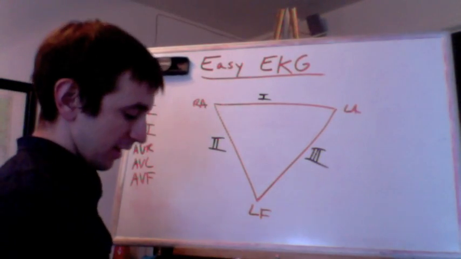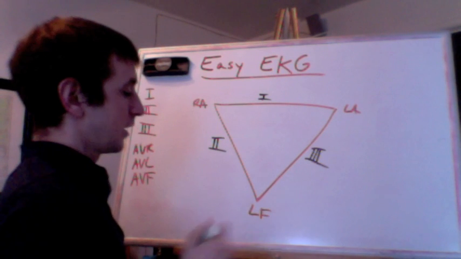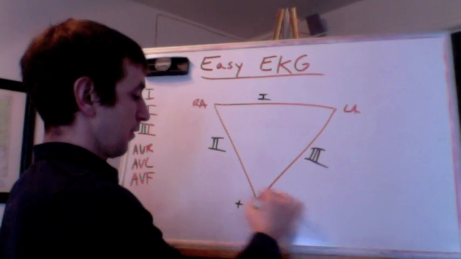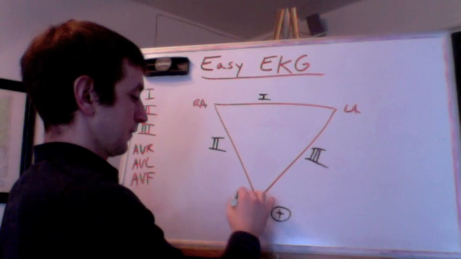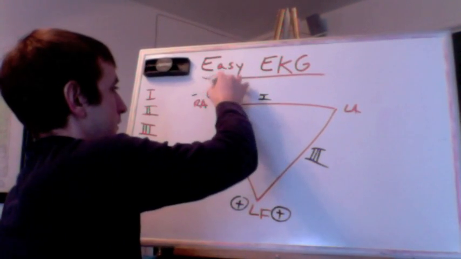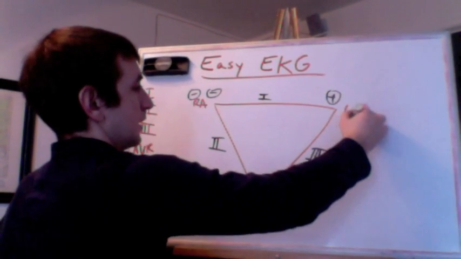Okay, but now you might think, well, where do I need to put positive and negatives into this situation? So the way you look at this here is the foot, the left foot, has both as positive. Okay, the right arm has both as negative, and the left arm has a positive and a negative.